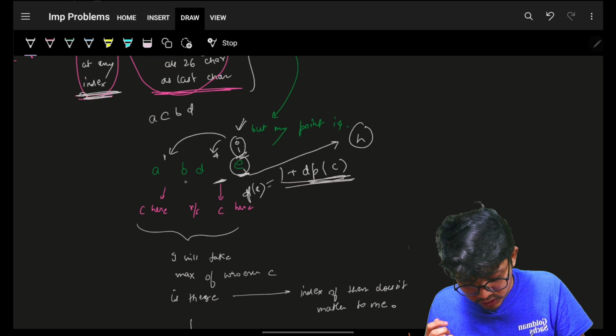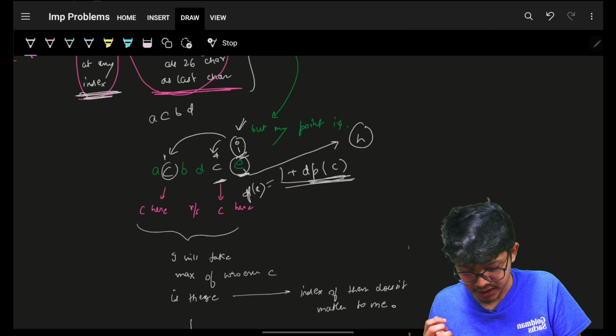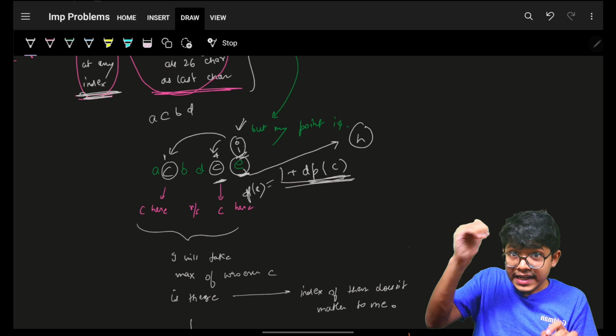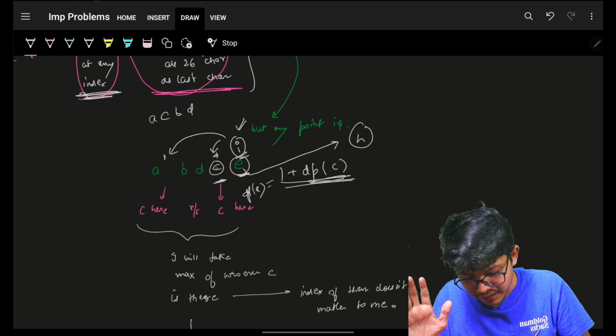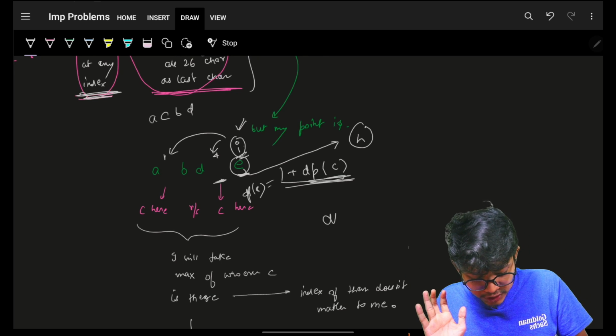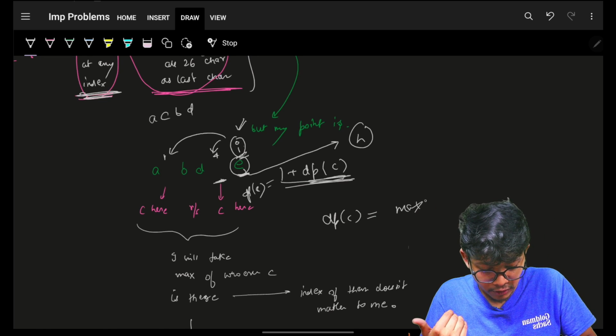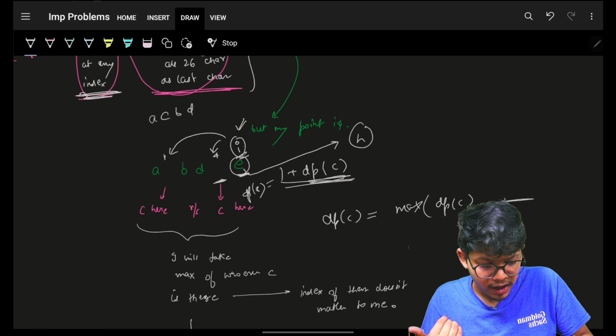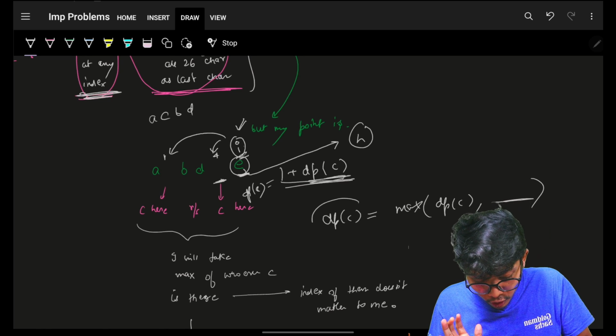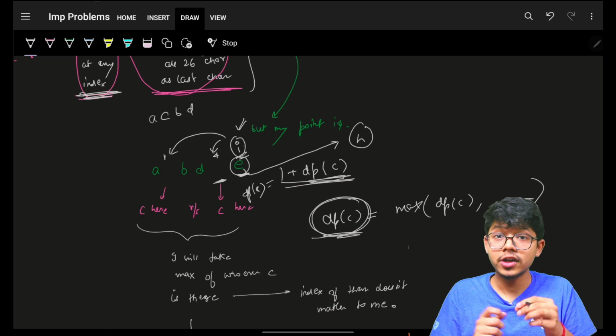Which means for the C I had here, I don't want the index of that C. I just want whoever has given the maximum. So whatever dp of C I get, I would be maximizing that: the maximum of dp of C and whatever maximum length I'm getting. I'll always maximize that specific character's contribution.